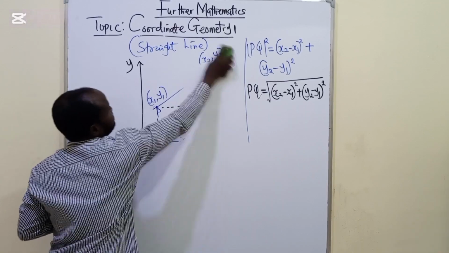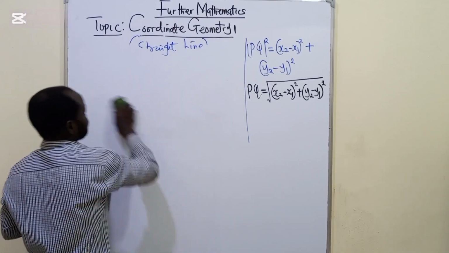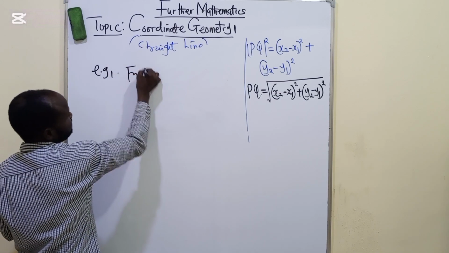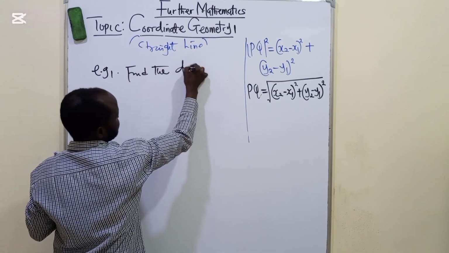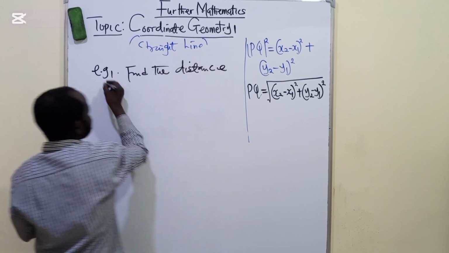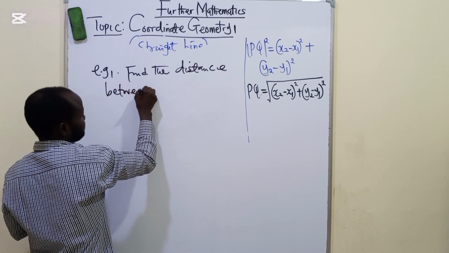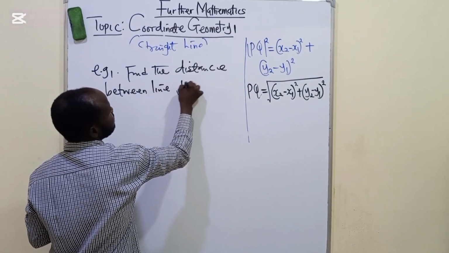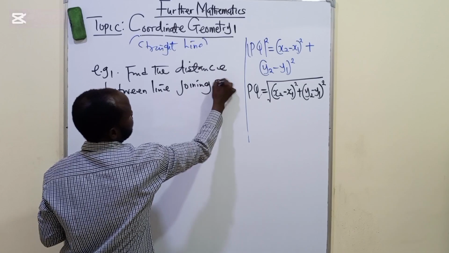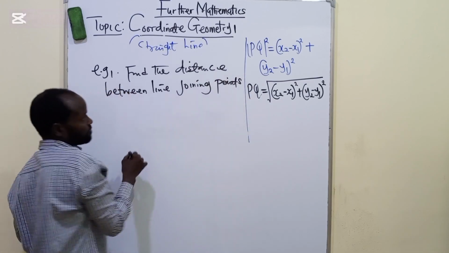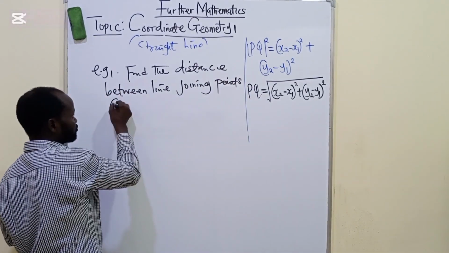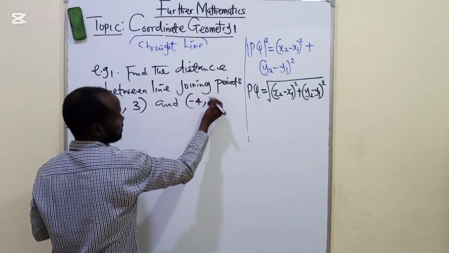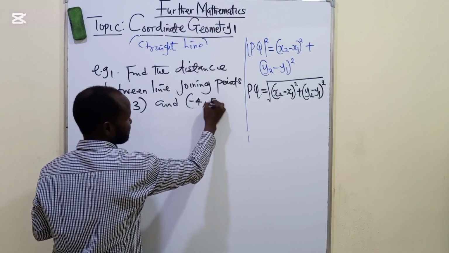Let me clean the drawing. Then we'll now look at example 1. Let's say example 1, we are asked to find the distance between the line joining the points 2, comma 3, and minus 4, comma, let's say 5.